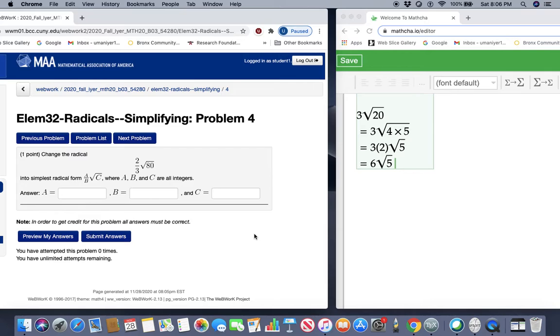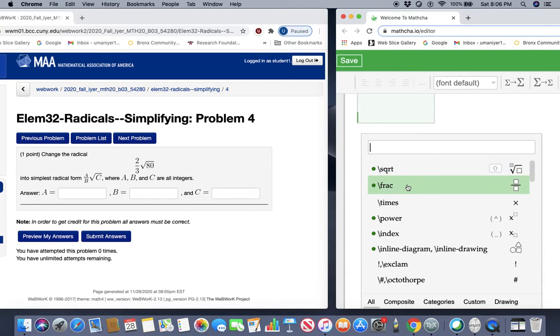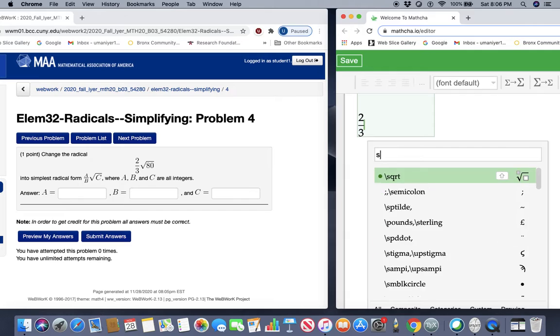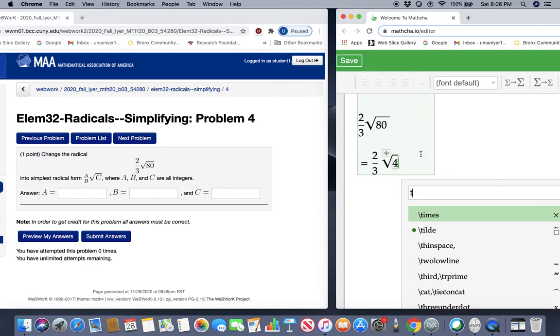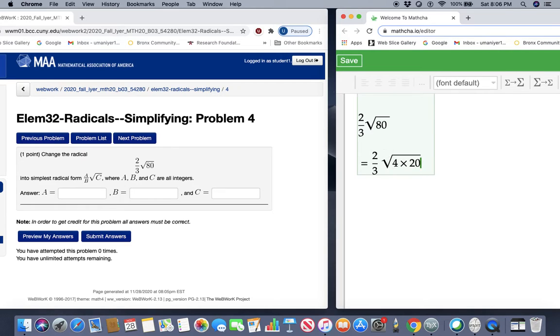Next problem. 2/3 square root 80. Okay. Fraction 2/3 square root 80. Let's see. 80 is a number we just encountered. So the number outside is 2/3. No change there. Square root 80 is 4 times 20, if you remember.